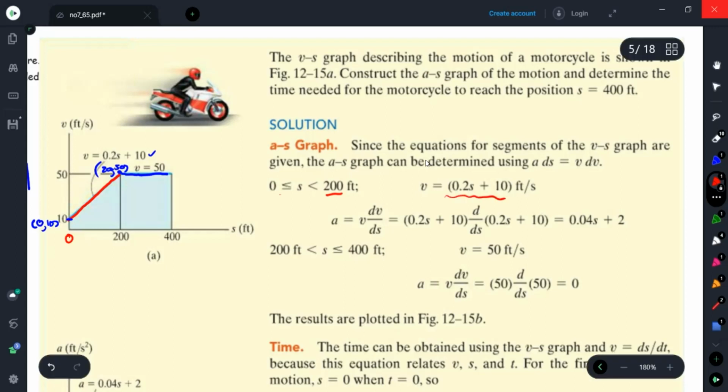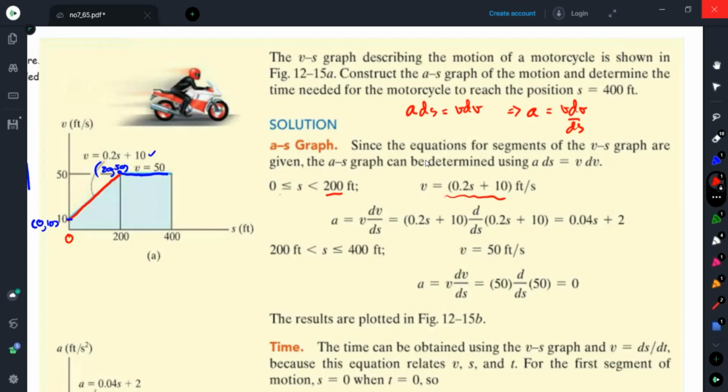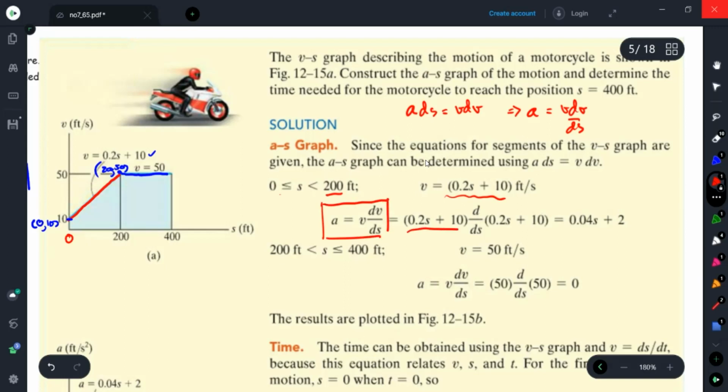According to the relationship a ds equals v dv, we found a equals v dv by ds, where v is here and dv by ds is the first derivative of the velocity function, which becomes 0.2. After we multiply it by this equation, we get this.